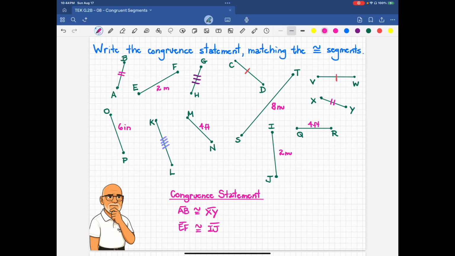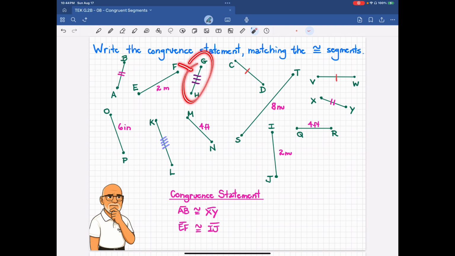Let's look at GH. So GH is right here. I don't have a measurement, but I have congruence markings. The three purple congruence markings right here are identical to three purple congruence markings on another line segment. I need to find them.